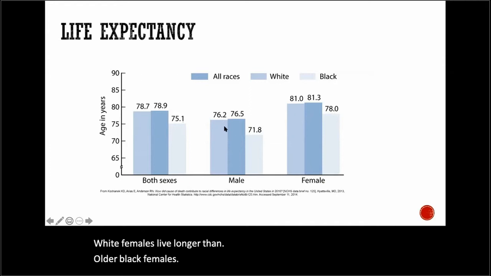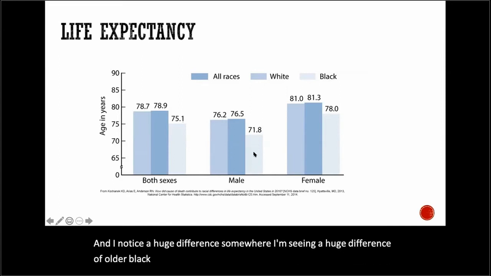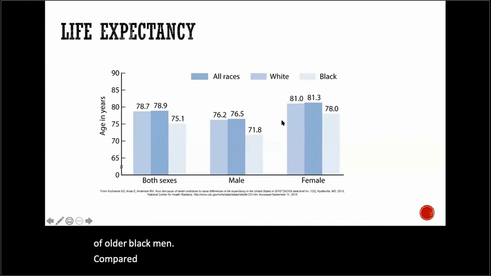And I'm looking over here at men, and I notice a huge difference somewhere. I'm seeing a huge difference of older black men compared to older white women. That's an entire decade of difference in life expectancy.